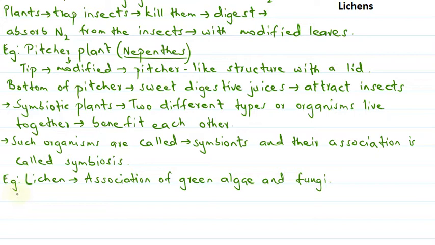Here the algae is the photosynthetic partner. It prepares food. Green algae have chlorophyll and they prepare food for their non-photosynthetic partner, that is fungi.